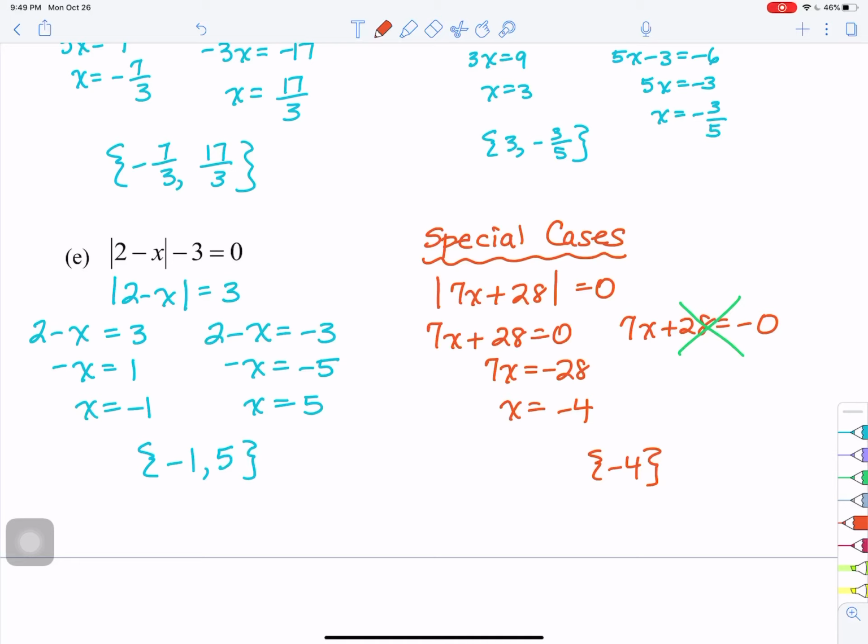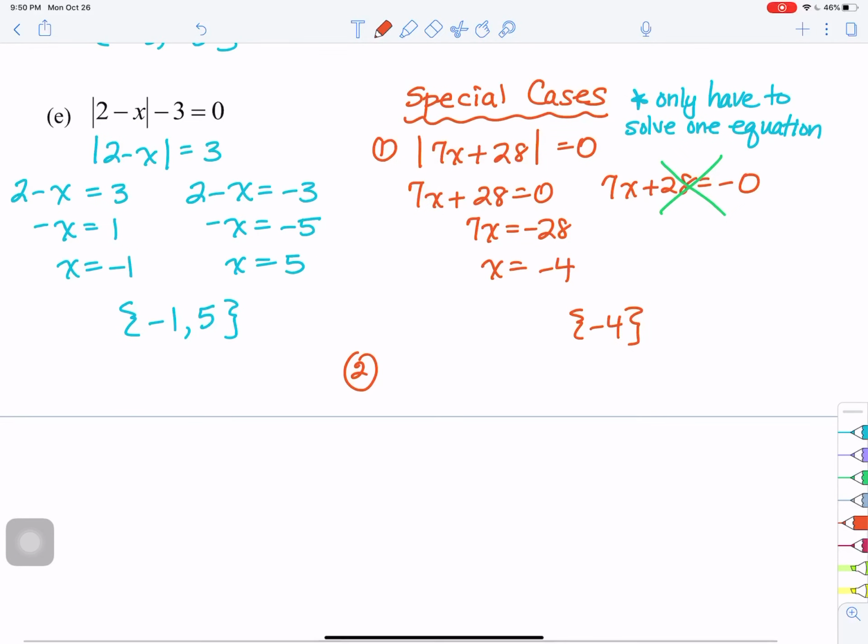So here we only have to solve one equation. I have another special case I would like to show you. I can call that special case number 1, and I'm going to give you special case number 2. What if you were given, let's say, the absolute value of 2x minus 7 is equal to negative 3?